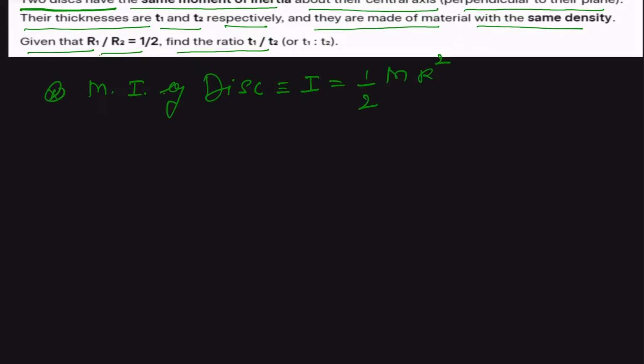And we are given that we have two disks, and we can use our moment of inertia formula. So you can say that our moment of inertia of the disk is, let us suppose, I, then this I will be equal to 1/2 mr square, and m is the mass of the disk.